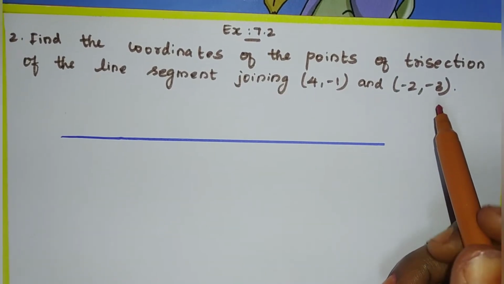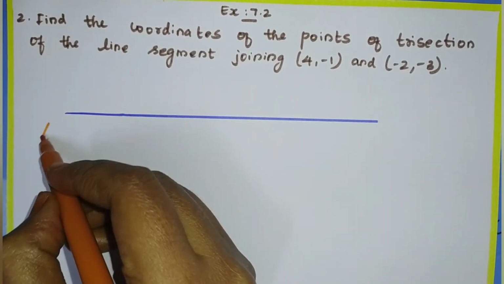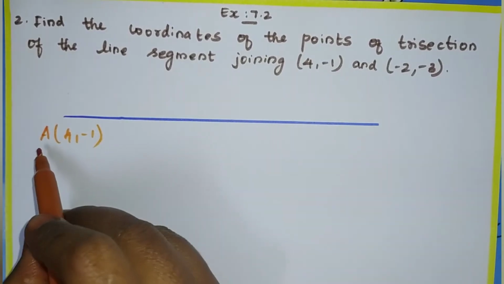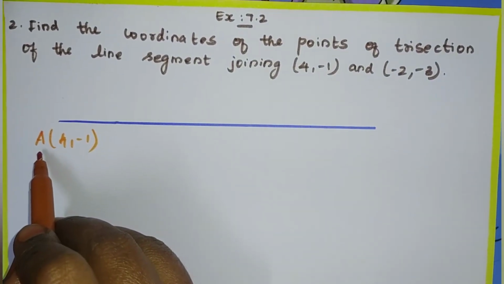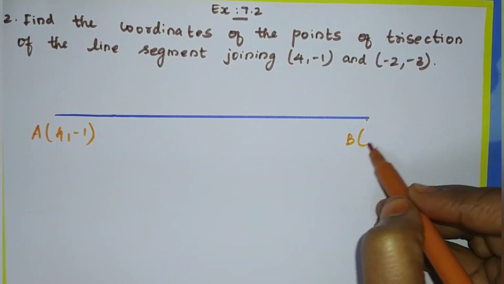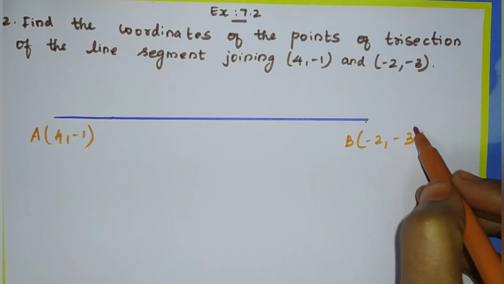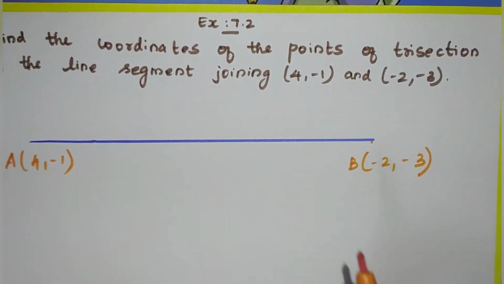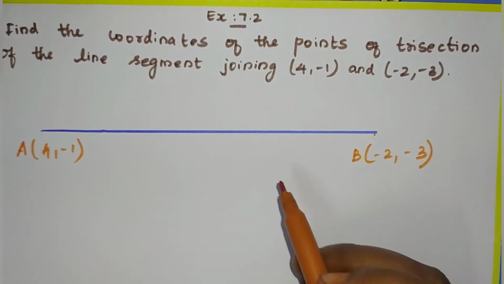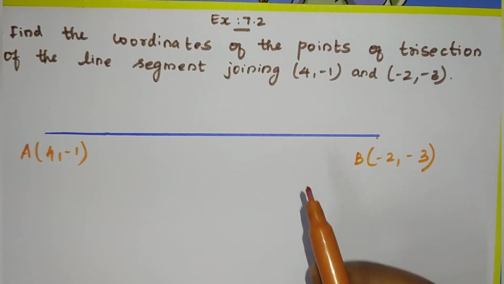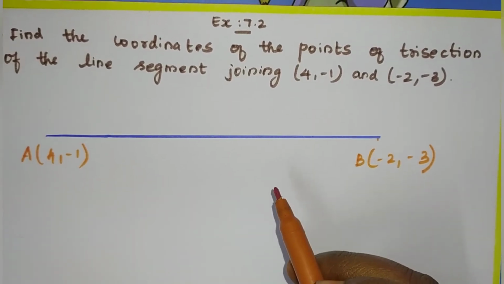So first write the point 4 comma minus 1, that I am going to represent as A, and here I am going to represent B, that is minus 2 comma minus 3. This is a line segment. So what we have to find is the coordinates of the points of trisection of the line segment joining 4 comma minus 1 and minus 2 comma minus 3.